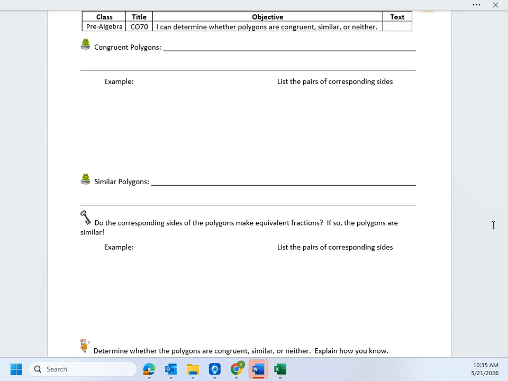So for our last objective, we have CO70. I can determine whether polygons are congruent, similar, or neither. Who remembers what that word congruent means? Laurel. The same. So congruent polygons are polygons that are the same shape and size.